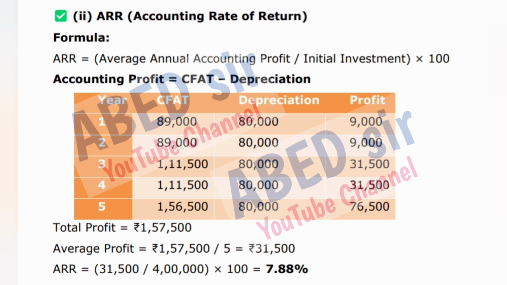Year 5: 1,56,500, 80,000, 76,500. Total profit is equal to 1,57,500 rupees. Average profit is equal to 1,57,500 divided by 5 is equal to 31,500 rupees. ARR is equal to 31,500 divided by 4 lakhs times 100 is equal to 7.88%.